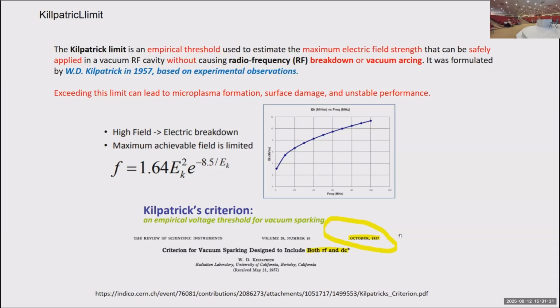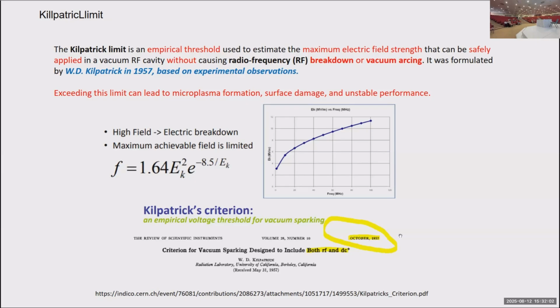But if you are talking about microwave frequency, you have to think once more about the Kilpatrick relation in Paschen curves. It was empirically stated about 1987.